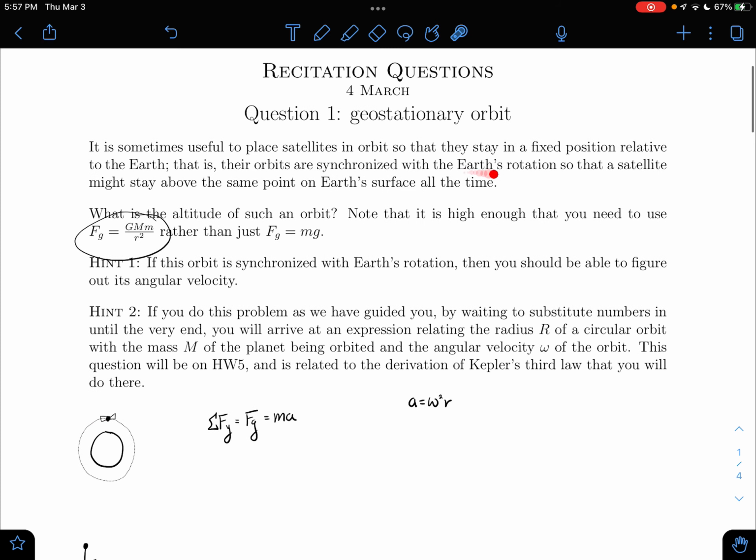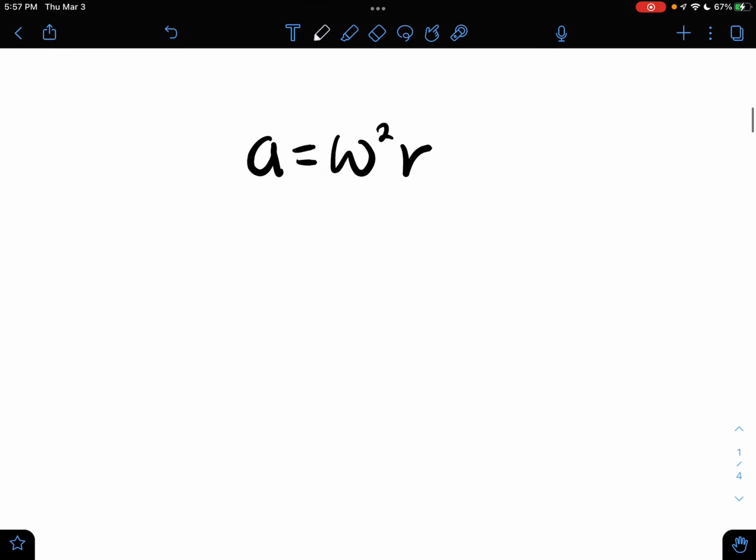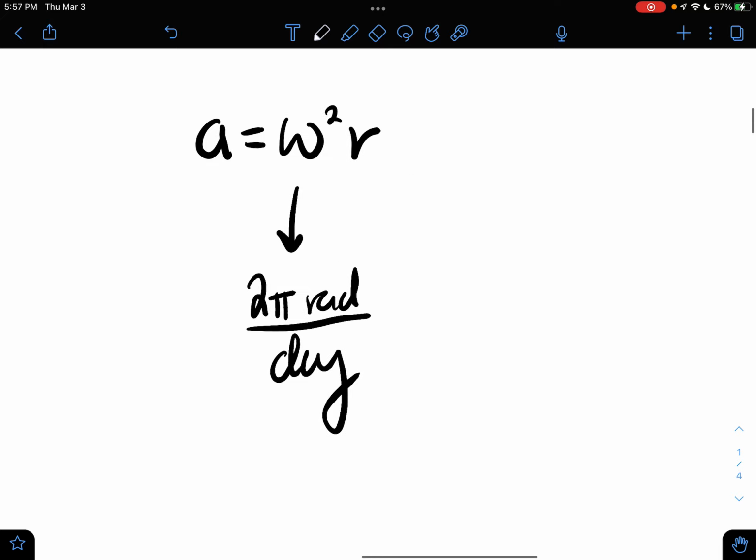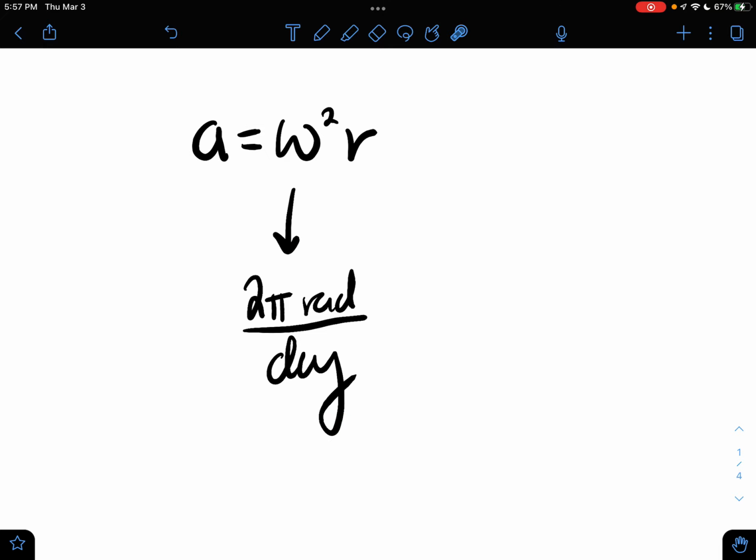Well, if it's lined up with Earth's rotation, it's going at the same angular velocity as Earth. It travels 2 pi radians, a full rotation, for every 1 day. Every day it goes around once.